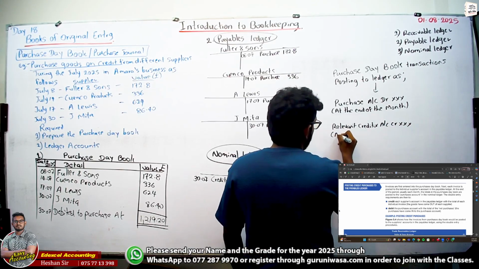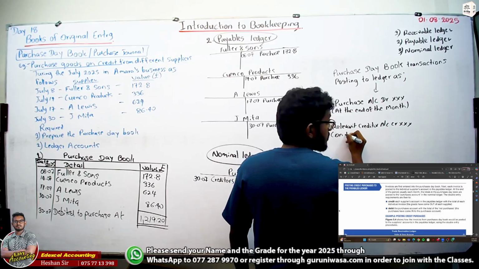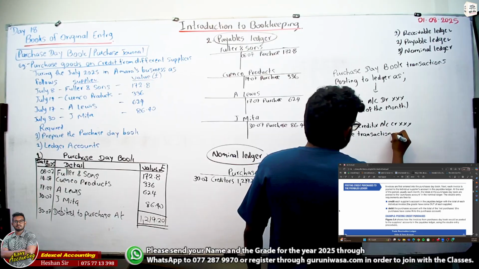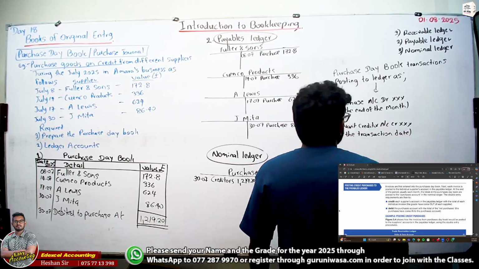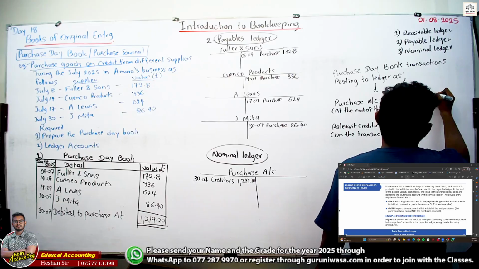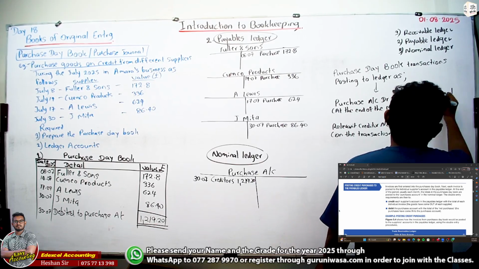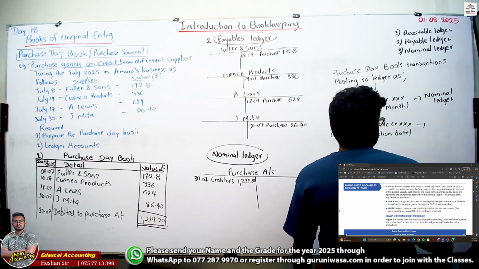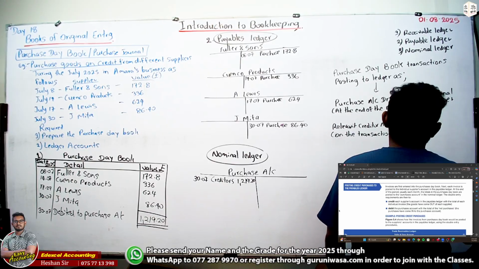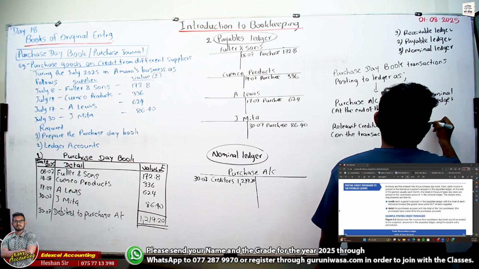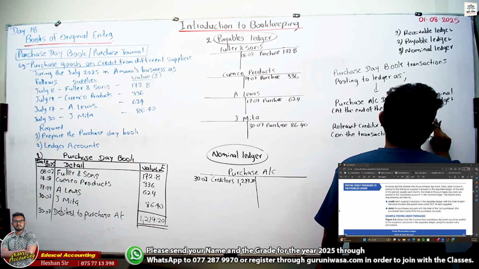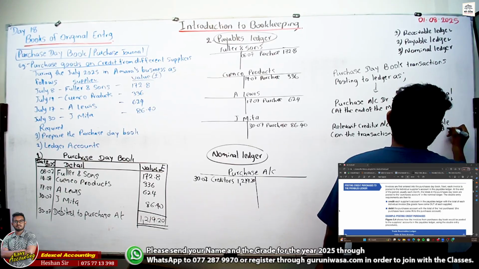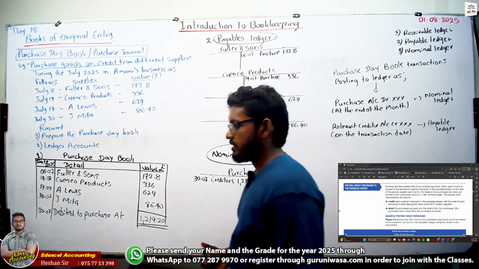On the transaction date, purchase account debit in the nominal ledger. Creditors account credit in the payable ledger. That is how it goes.